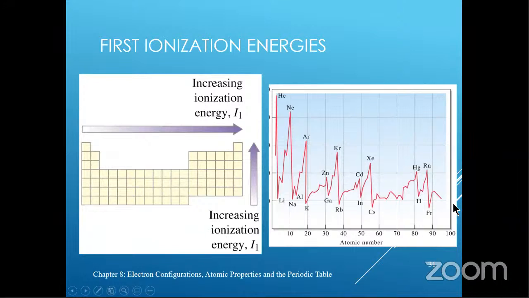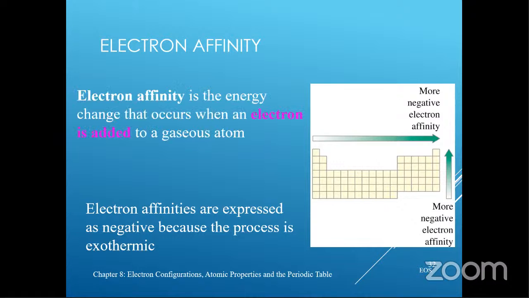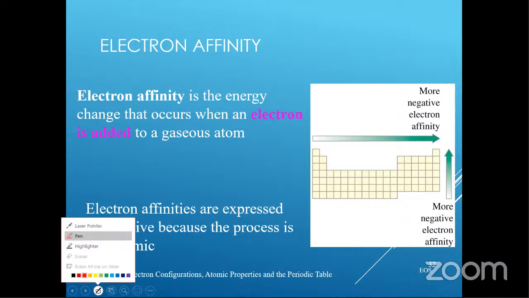All right, so let me move on now to the next slide, which talks about trends in a particular property known as electron affinity, which by definition is the energy change that occurs when an electron is added to a gaseous atom. So in other words, let me go to my pen.